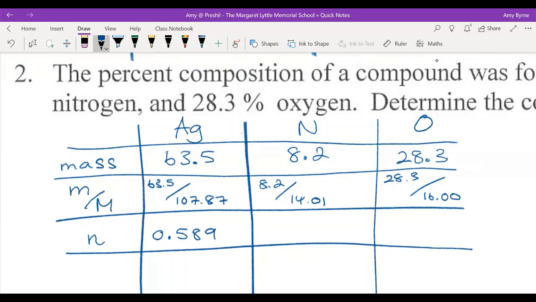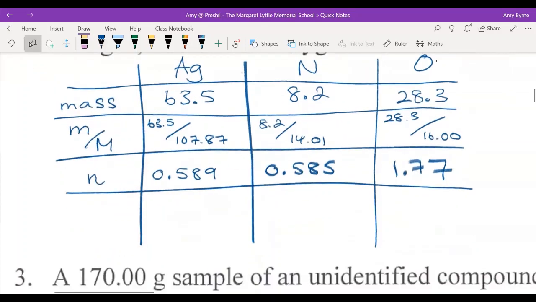Nitrogen, 8.2 divided by 14.01 gives us 0.585. 28.3 divided by 16 gives me 1.77. My next step is to divide by my smallest, which is my nitrogen.